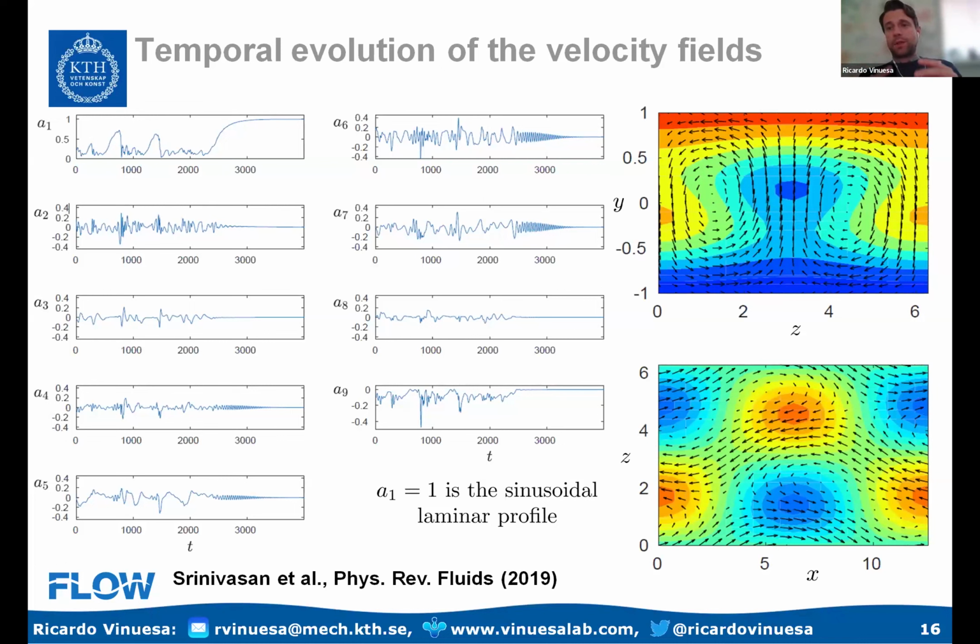This is not an example that we would use for training because we don't consider relaminarization, but it illustrates the presence of the near-wall structures in turbulence. You can see the high and low speed streaks in the top panel, and you can see the spanwise meandering of the streaks as well, which are characteristics of the near-wall region of turbulence. This is work, by the way, with Prem Srinivasan and others in Physical Review Fluids. You can find all the codes and all the data in our repositories.